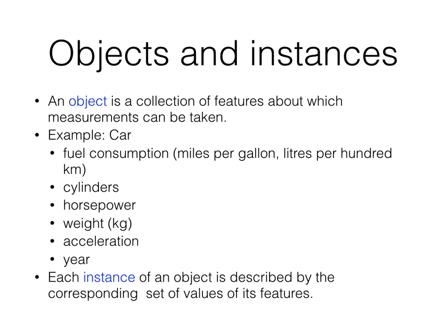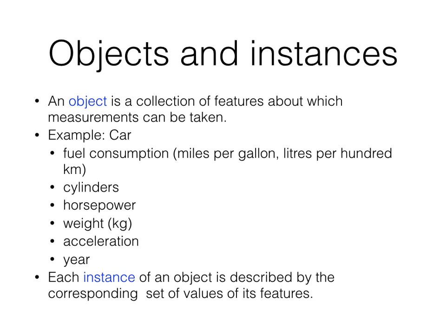Then we can have instances of objects, and they're specific cars, described by some set of values for the features. So we could have a specific car that has a specific fuel consumption, number of cylinders, horsepower, weight, etc. The object is a general thing. The instance is one specific object.